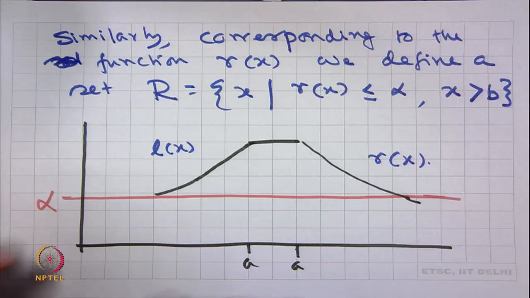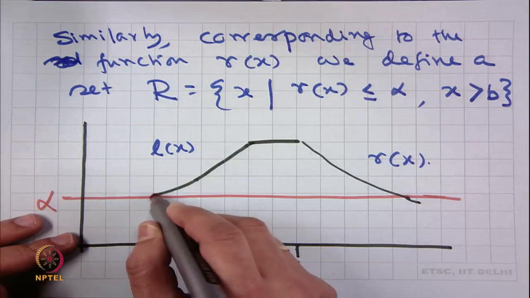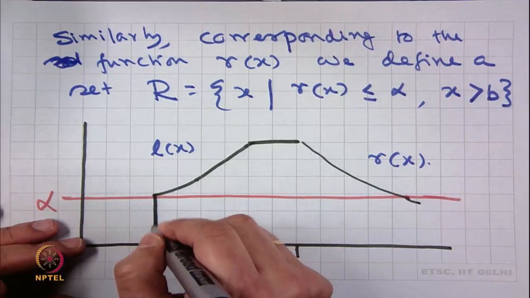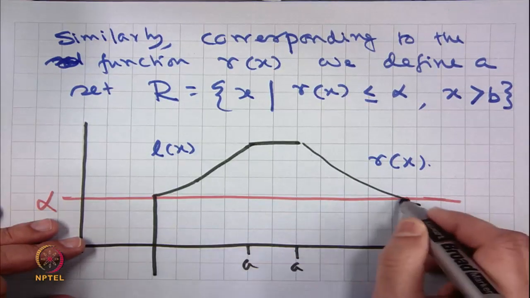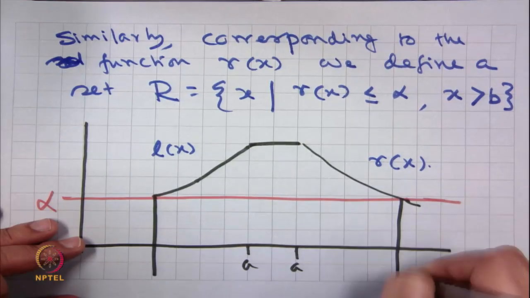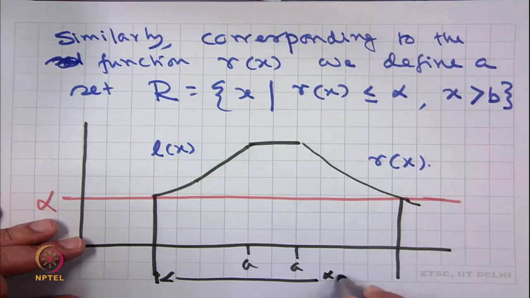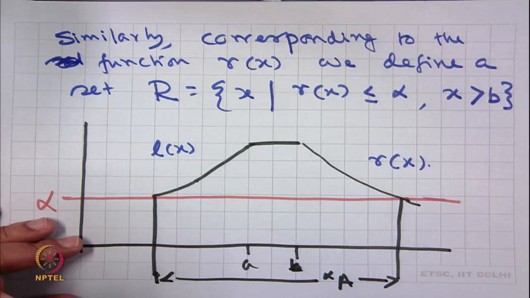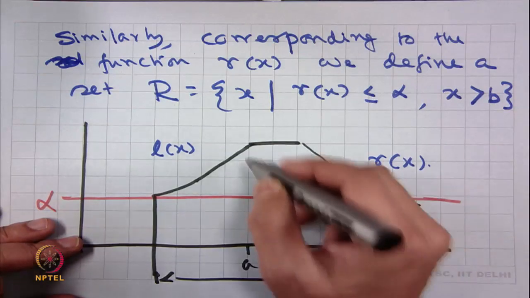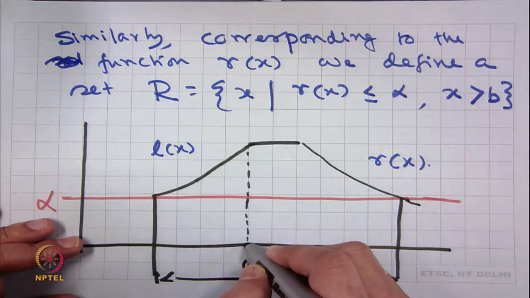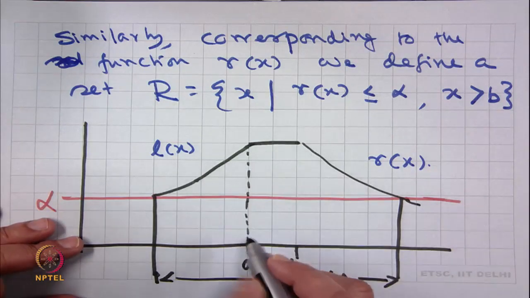Therefore, the alpha cut of A is this interval, and I am now looking at the set of x which are less than A.